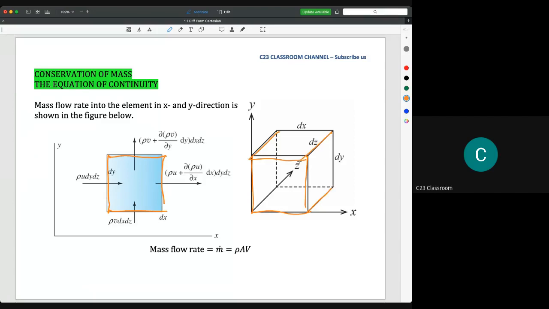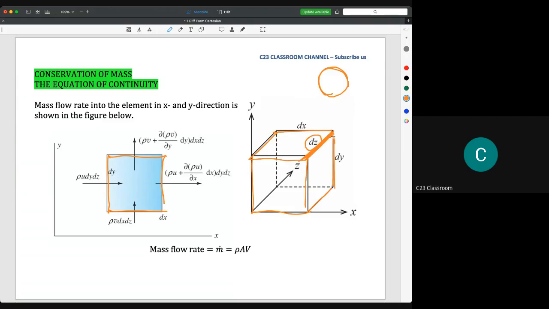This diagram reflects the shape of one molecule. In a certain textbook, they will say that the molecule is in a sphere shape, but to ease our calculation, we assume that the smallest part of our fluid is a square like this, because we could easily say that the distance at this part is dz, because it is parallel to the z-axis.